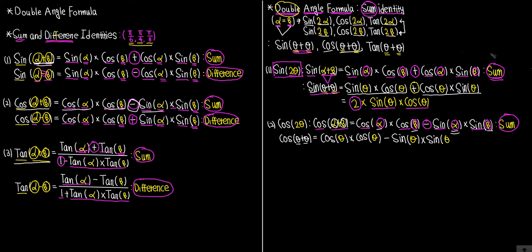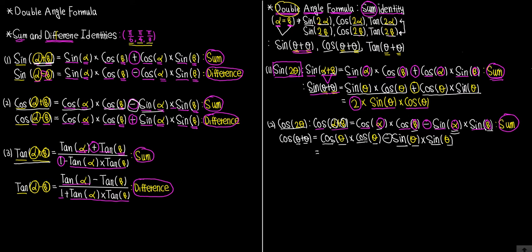So now when we're looking at this, we get a conclusion where the cosine of theta plus theta, which is cosine of 2 theta as a double angle formula, is cosine of theta times the cosine of theta minus the sine of theta times the sine of theta.